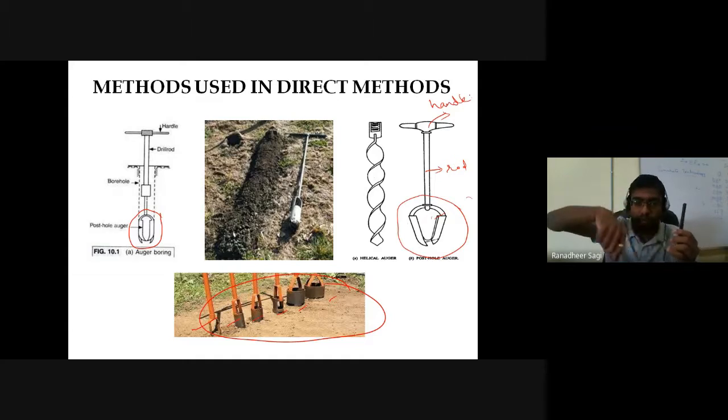The soil in the region of the auger will start penetrating into the gap available inside the cutting edges. The auger blades cut the soil at its periphery, and the soil that gets cut penetrates into that opening, and that's how you extend your borehole into the ground till your required depth.